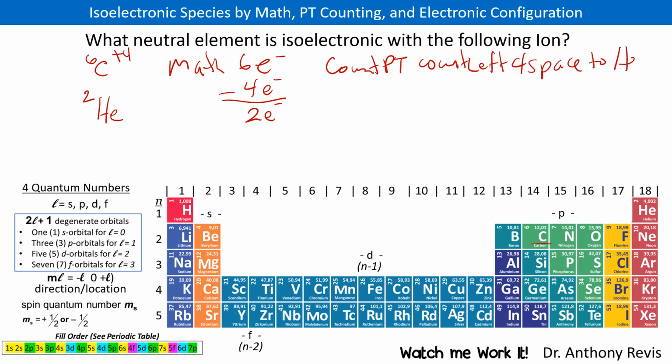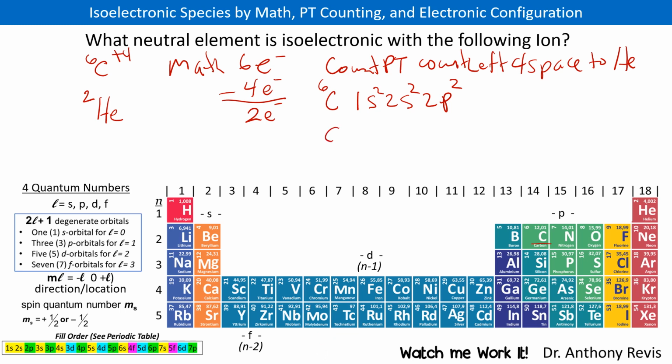to helium. Now, if I check this by electronic configuration, let's write it for carbon. I'll write the original carbon first: 1s2, 2s2, 2p, only 2 of these. That's 4 valence electrons. I see my 4 valence electrons right here. That's good.